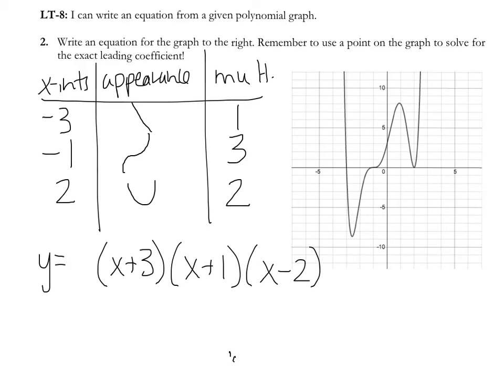And then we can just use our multiplicities to fill in what our exponents should be. So we should have a 1 as an exponent on the factor for x plus 3. We should have a 3 on the factor x plus 1. And we should have a 2 on the factor x minus 2.